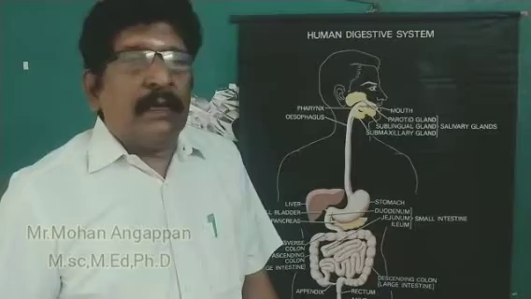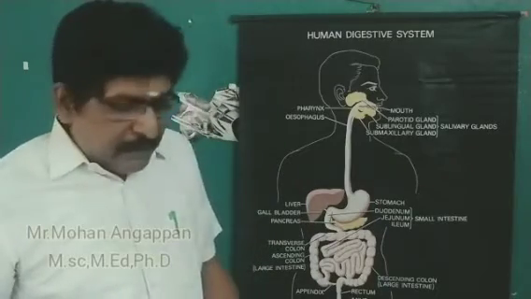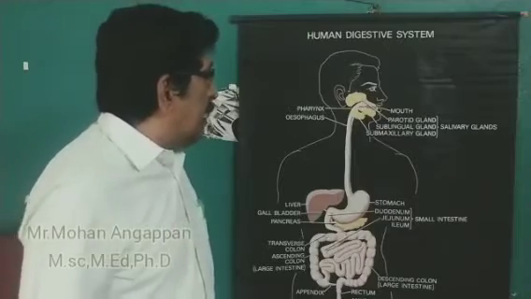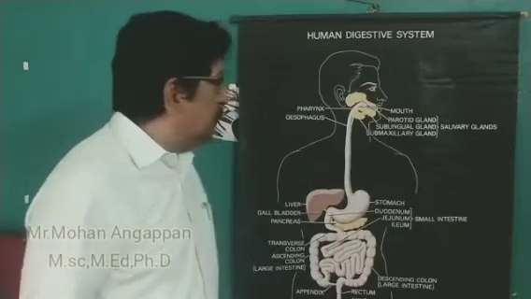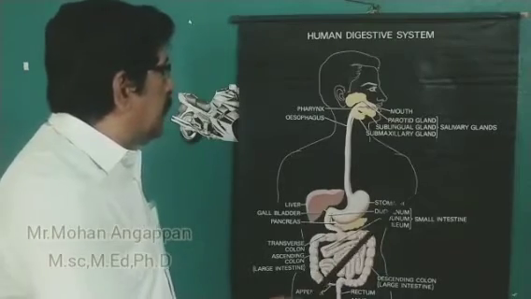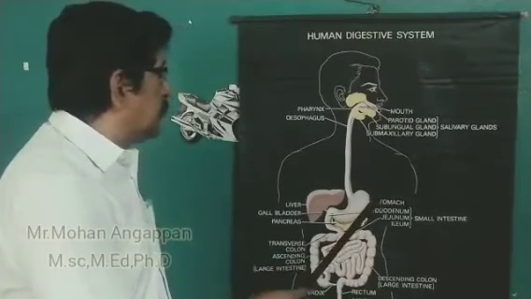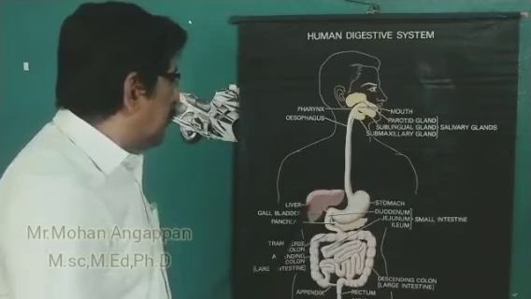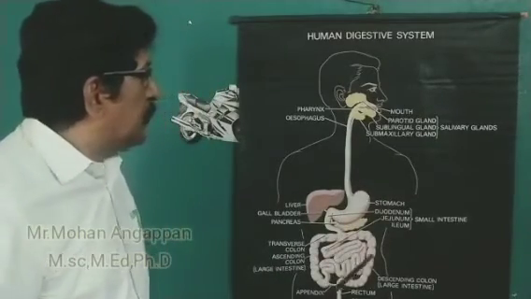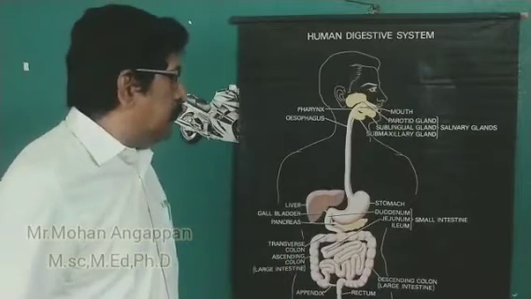The digestive system consists of the alimentary canal and the accessory glands: salivary glands, liver and pancreas. Now let us take them one by one.